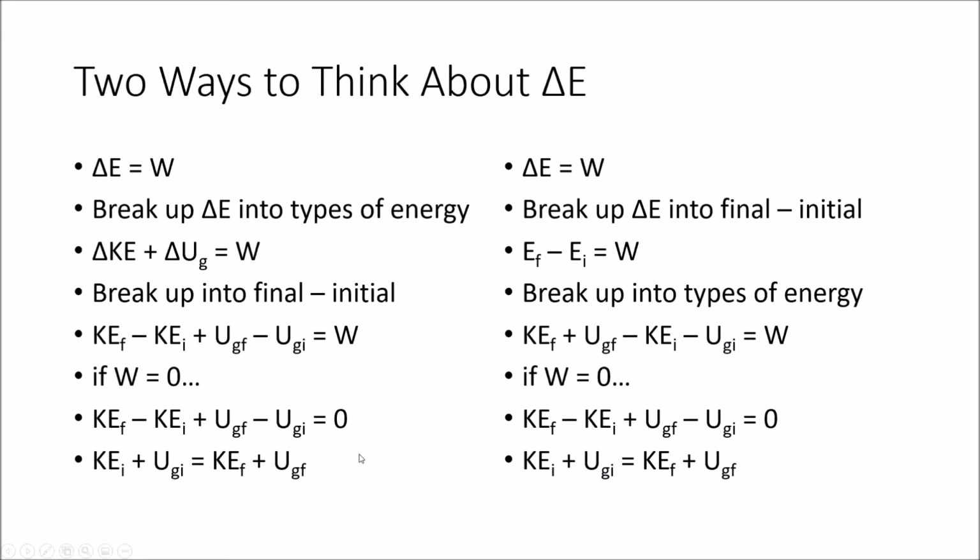You can think of this in either of these terms: breaking up delta E into its different kinds of energies, or breaking up delta E into final minus initial and working from there. Say that you know that the final energy is 0. We'll do a problem later on today with an object that you push across the floor, and then after you let it go, friction will make it come to a stop.